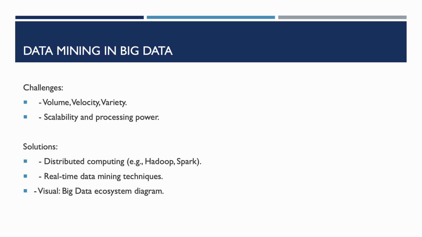Then second is real-time data mining techniques. In big data environments, it's important to process and analyze data as it is generated. Because data is generated every second, you have to get that data and process it in real time. Real-time data mining techniques help businesses respond quickly to trends.